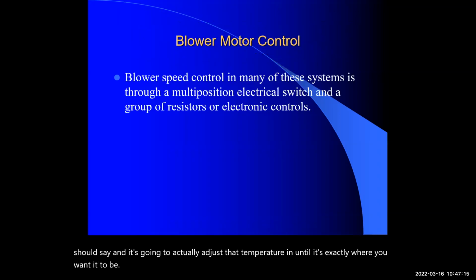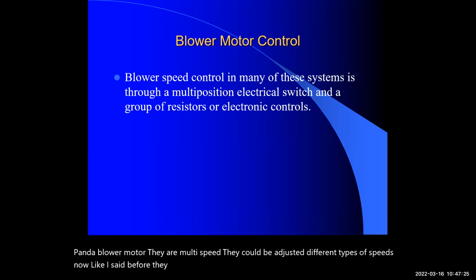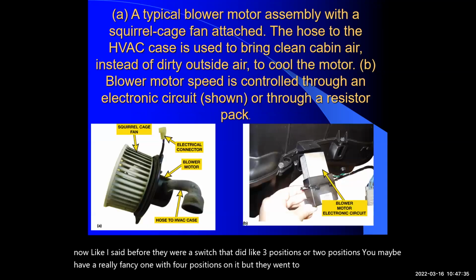And the blower motors are multi-speed. They can be adjusted to different types of speeds now. Like I said before, they were a switch that did 3 positions or 2 positions. You maybe had a really fancy one with 4 positions, but they went to more electronic. This is what your blower motor looks like.